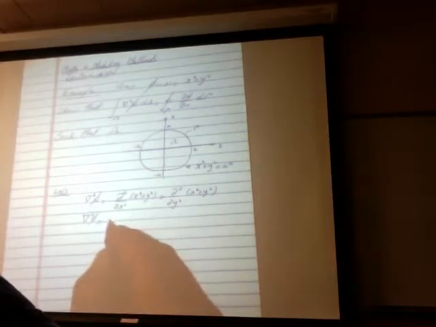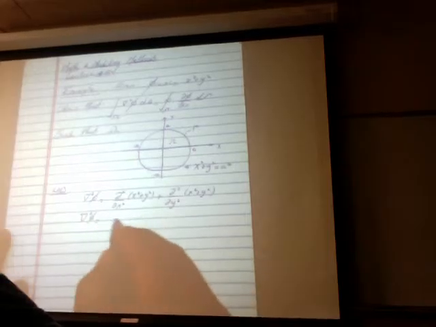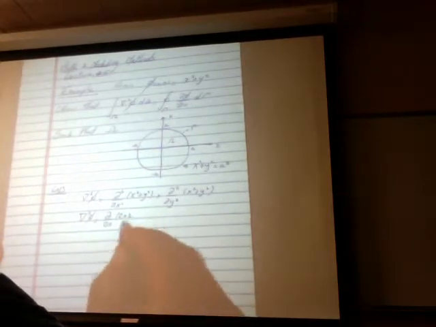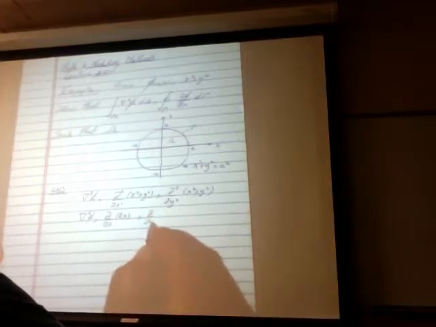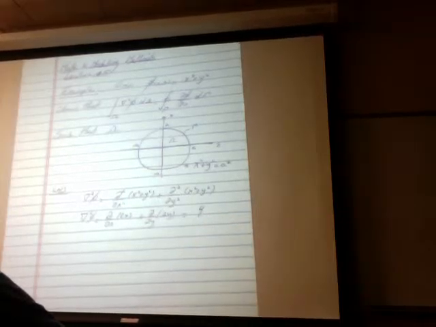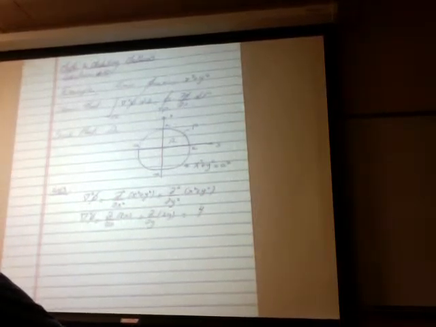So are we clear that we get, well, let's do it in steps. It would be this plus this, which is equal to 4. So we'll be integrating 4.